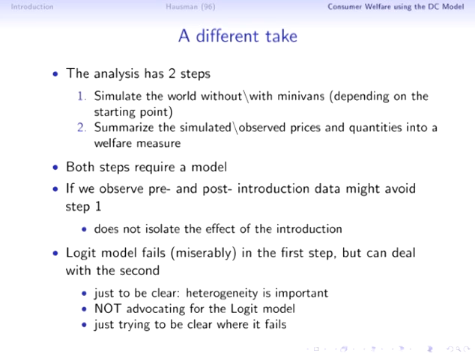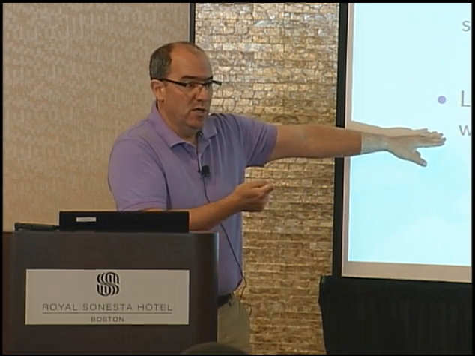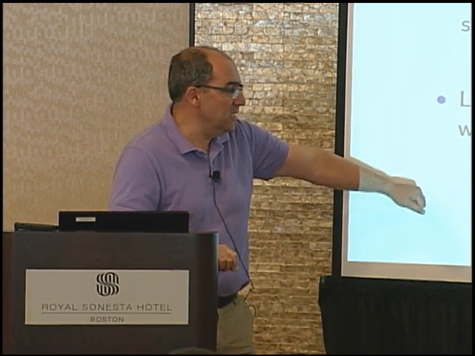Now let me be clear. For the second step, I'll show you where it's going to fail: it doesn't take into account heterogeneity in these welfare measures, right? Some people really gained a lot from minivans and some didn't. But if there wasn't this heterogeneity in the gains, the Logit model could actually get it right. So I'm not advocating for the Logit model. The Logit model is going to get you wrong here.